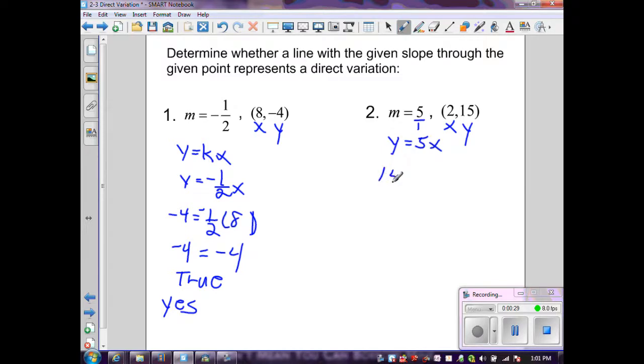Y is 15. 5. X is going to equal 2. Therefore, 15 and 10. And we check for equality, and it's not equal. Therefore, this point does not fall on the line generated by this equation. Therefore, this is not a direct variation.